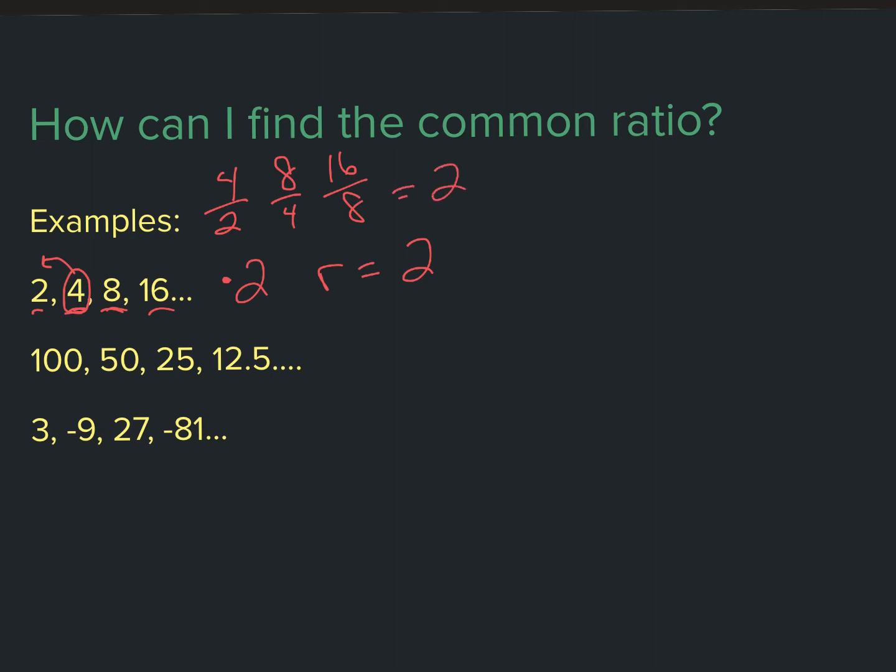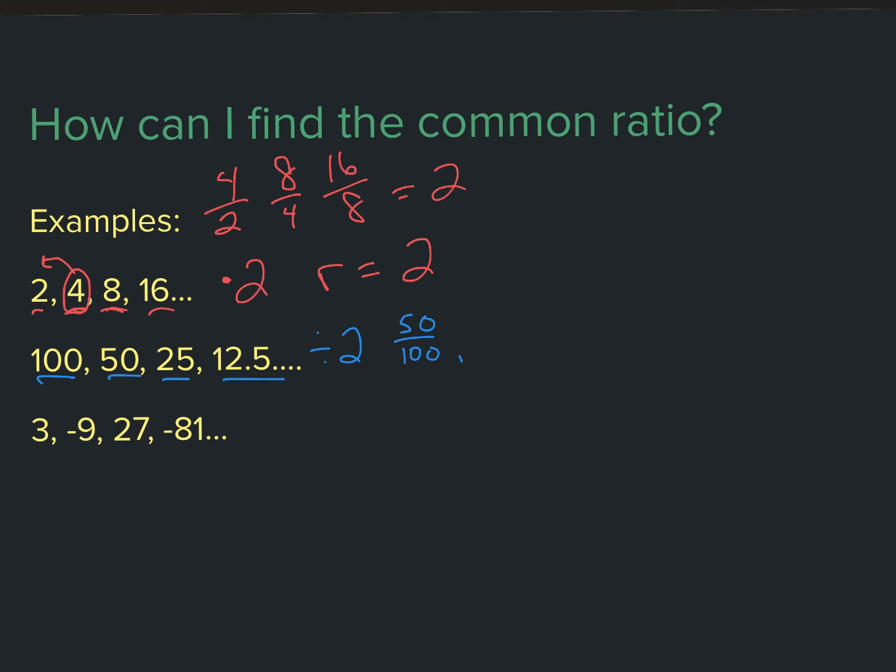So let's look at the next one. 150, 25, 12.5. It looks like I'm dividing by 2, right? But remember, we don't divide. We're looking for what we multiply by. So we're going to follow the same rule. We're going to do 50 over 100.